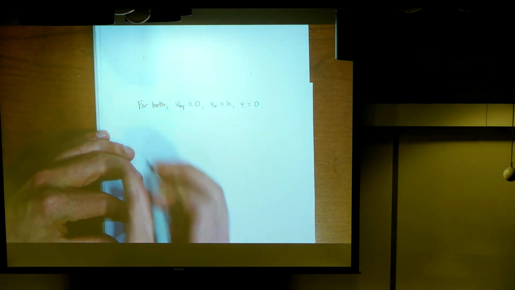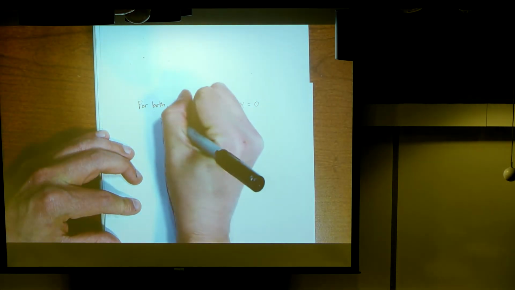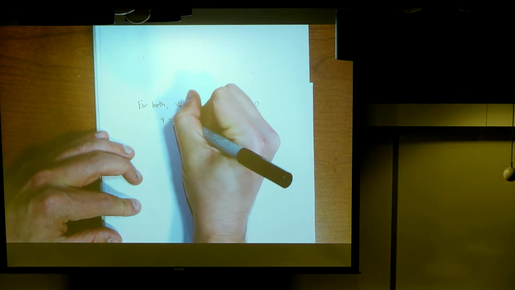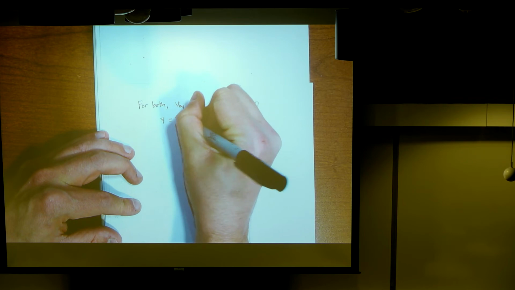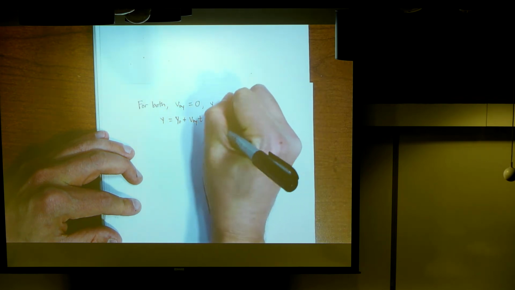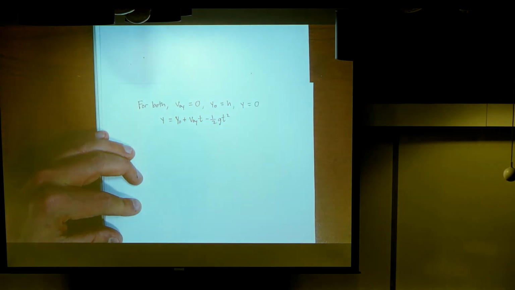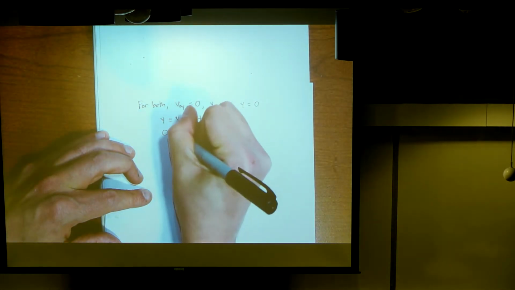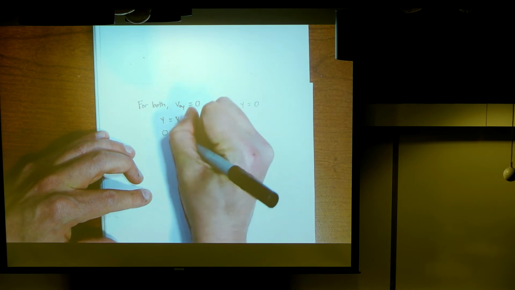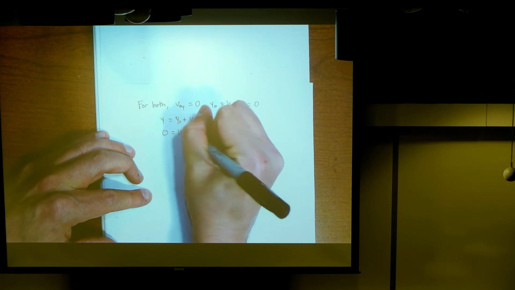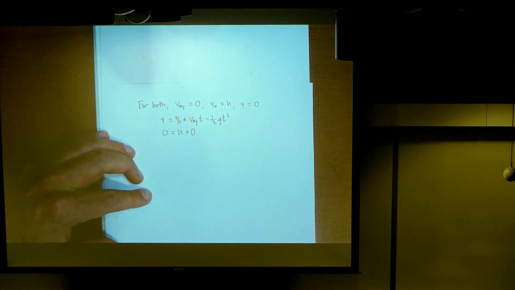So let's see what goes on there. If I plug in all of that to this kinematic equation, which I'll write down as y equals y naught plus v naught y times time minus a half g t squared. Okay, for my final y, I get 0. For my initial y, that's h. For my initial velocity in the y direction, that's also 0 for both of these.